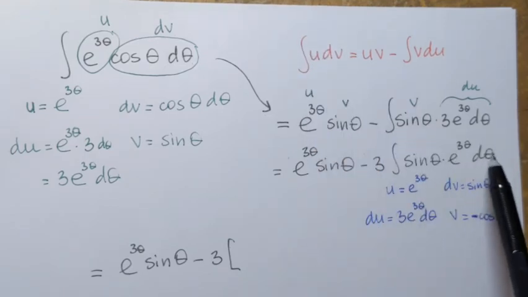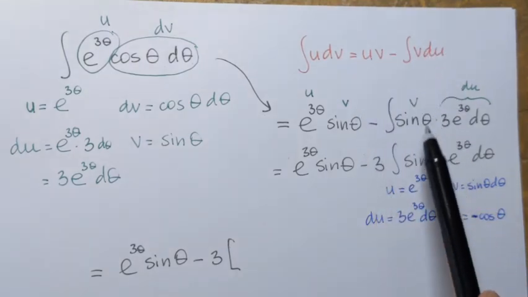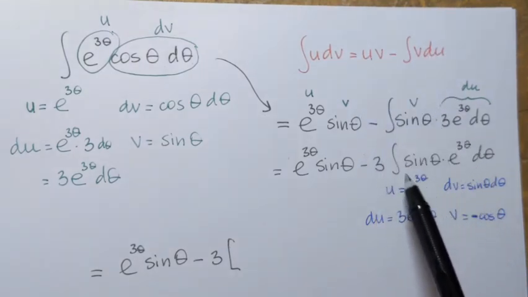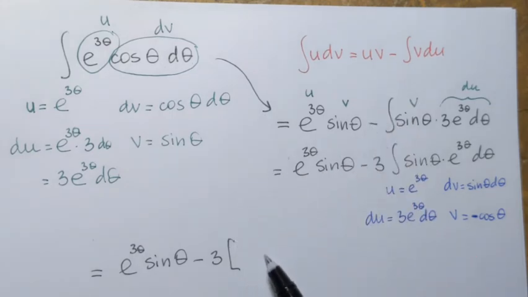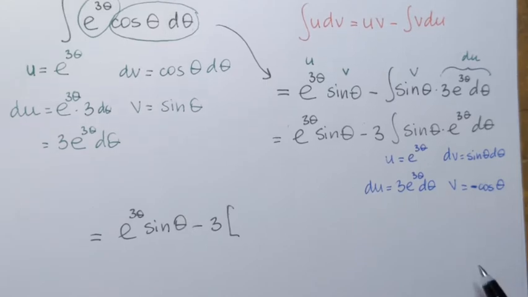So this integral I'm going to replace by the right hand side of the formula, so by this difference. And since I'm replacing it by a difference, I'm going to keep it inside the brackets. And it's important to use brackets or parentheses here, not to lose any signs or mess up the coefficients.